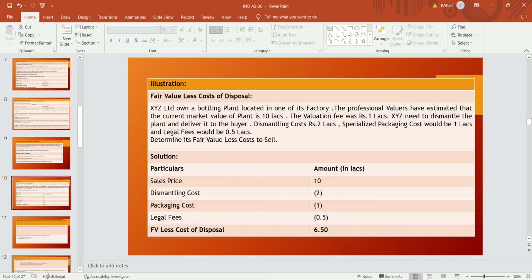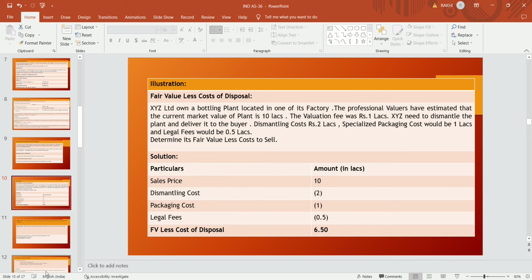XYZ wants to dismantle that plant and deliver it to another buyer. So for dismantling, there is a dismantling cost, some specialized packing cost to pack that asset in order to deliver to the buyer, and some paperwork, some fees related to transaction cost.